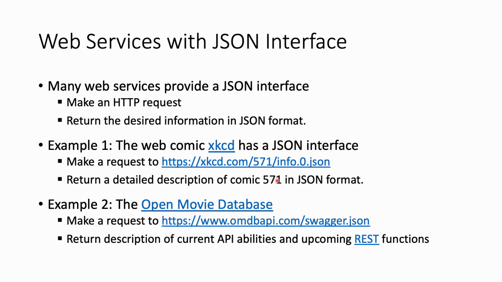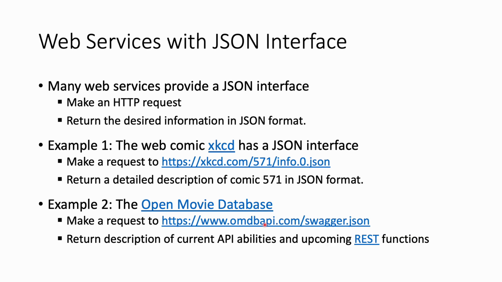in JSON format. The JSON-based web service of the Open Movie database lets you search by making a request to the omdbapi.com domain for a movie by name and download its poster image.